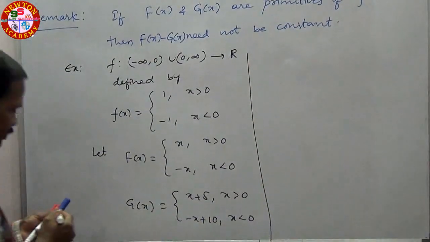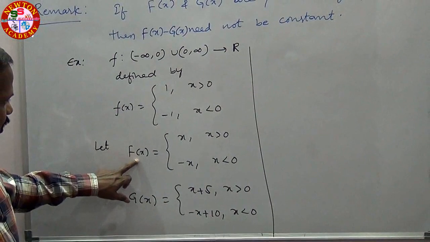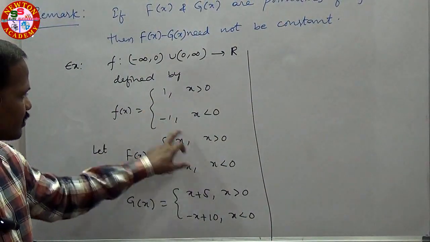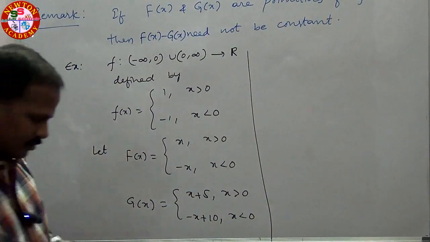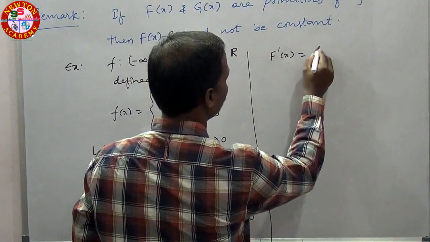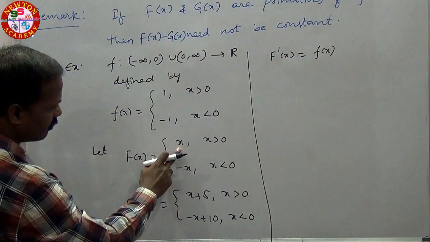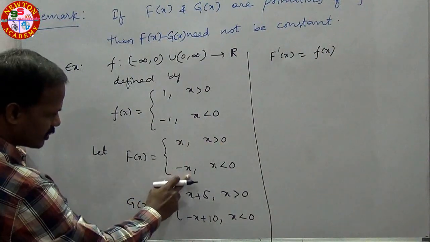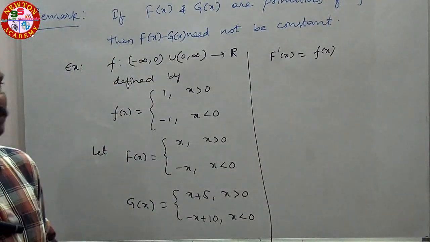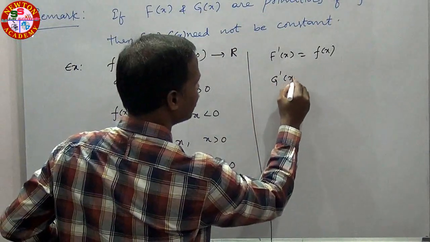Observe this. What is F dash x? F dash x equals 1 for x greater than 0, minus 1 for x less than 0. That means F dash x equals small f of x. Similarly, what is G dash x?